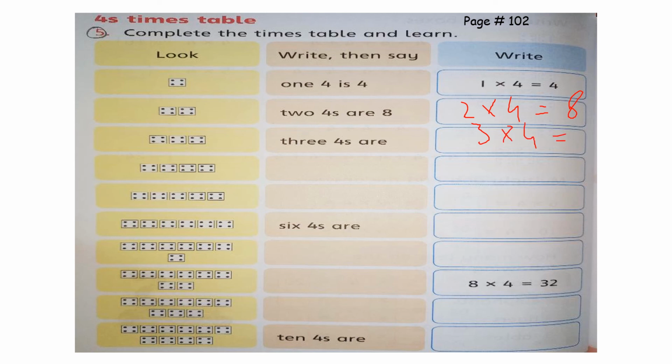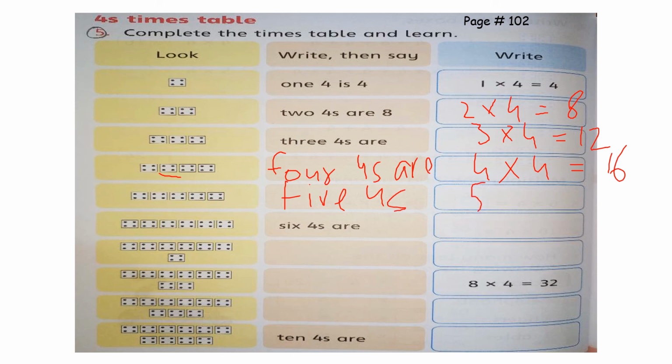3 fours are 12. Now here we have 4 fours, so you have to write 4 fours are 16. 5 fours are 20. 6 fours are, 6 multiplied by 4 is 24.